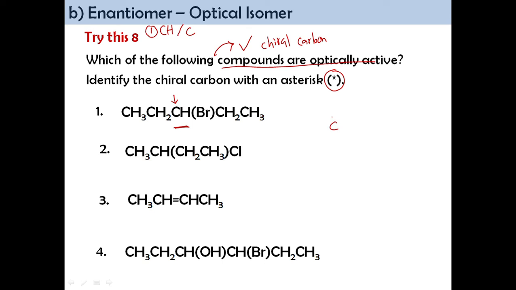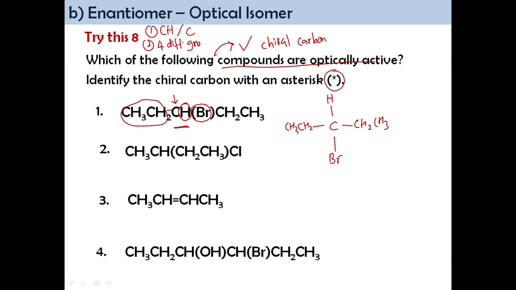Okay, and then we know that carbon is bonded to 4 bond. Okay, yang pertama dia ada hydrogen. So, letaklah tak kisah mana-mana pun boleh. Yang kedua, dia bonded with this CH2, CH3. Okay, yang ketiga, dia bonded dengan Br. So, kat bawah ni Br. And the last one is CH2, CH3. Okay, syarat untuk chiral carbon mesti 4 different group.